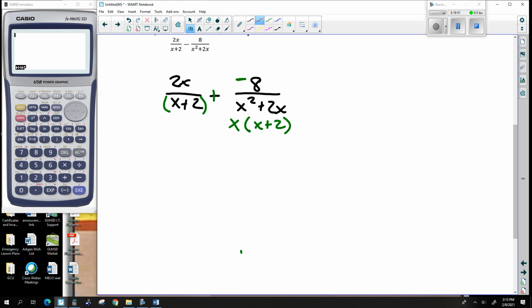All right, so x plus 2 and then x plus 2, so this left-hand side gets an x.